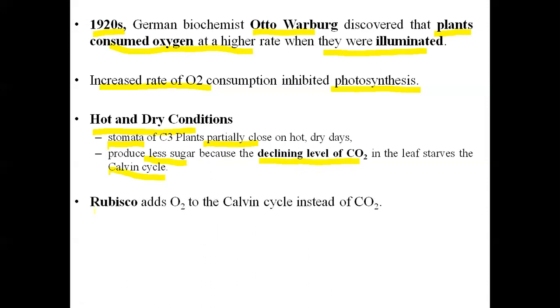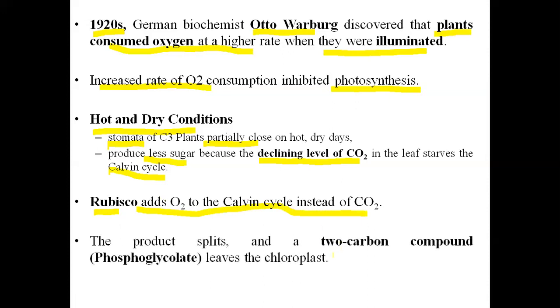In the Calvin cycle, Rubisco helps to add carbon dioxide, but when hot and dry conditions are prevailing, the Rubisco enzyme adds oxygen to the Calvin cycle instead of carbon dioxide.